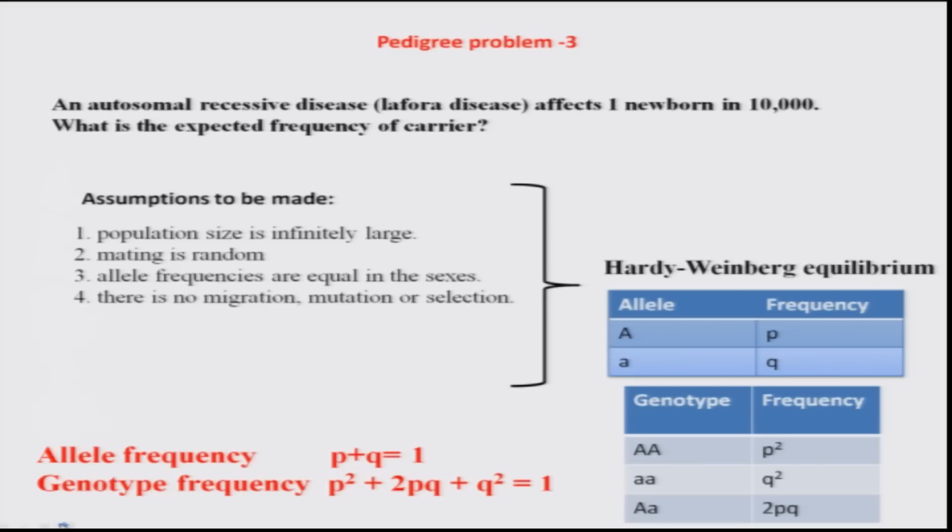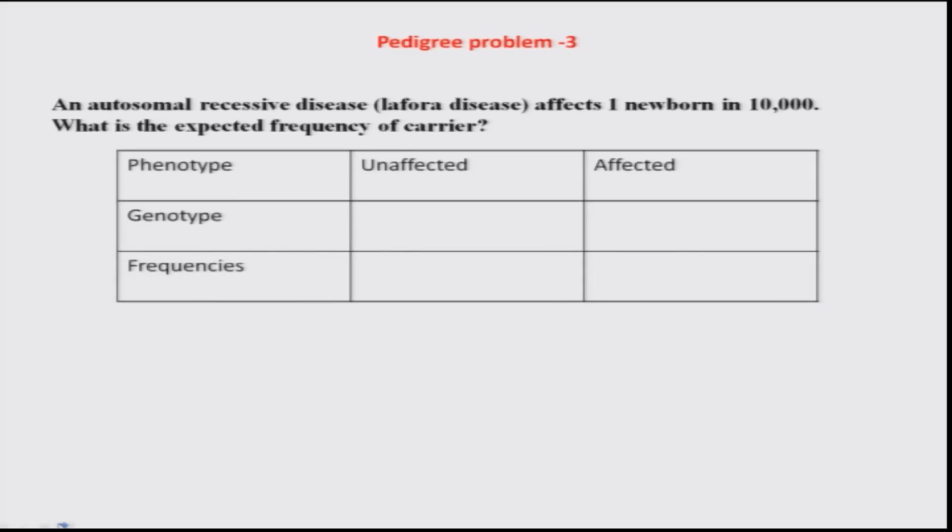Now, let us look into the problem which was before us. This is an autosomal recessive disease, Lafora. Let us look into what would be the genotype for unaffected and affected. The genotype for the unaffected would be capital A and small a, and capital A and capital A. Since this is a recessive disease, it would be manifested only in individuals who carry small a and small a.